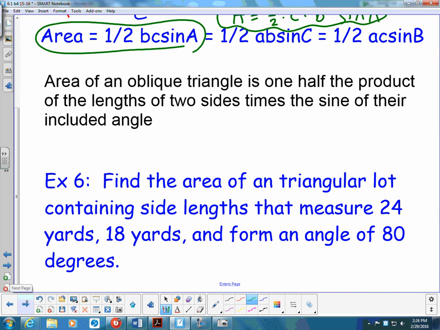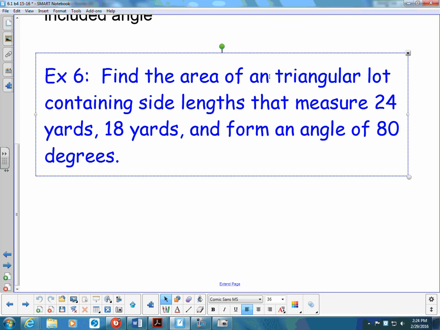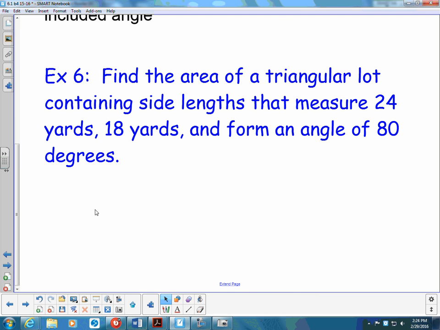Okay, so we already talked about that. So let's take a look at this example. Find the area of a triangular lot containing side lengths that measure 24 yards, 18 yards, and form an angle of 80 degrees.